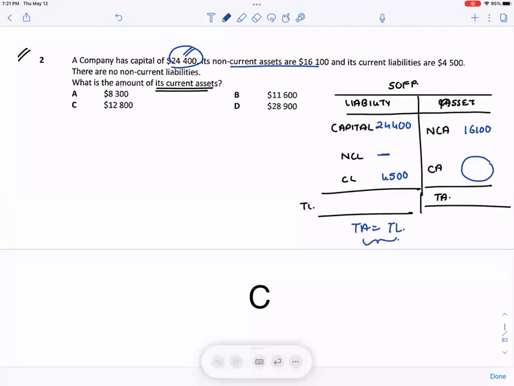It's option C. 12,800. Yeah, it's C. How did you do it? So you added the capital and the current liability, and then you minus the non-current asset from it, because total asset is equal to total liability. Okay, very well. The answer is C.